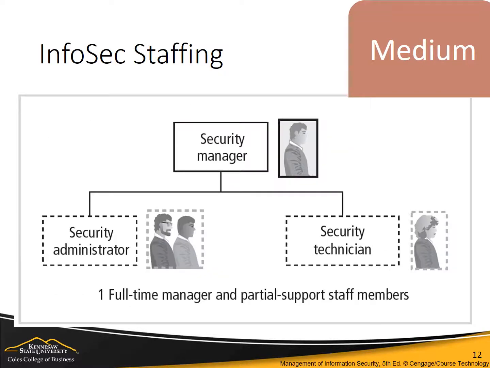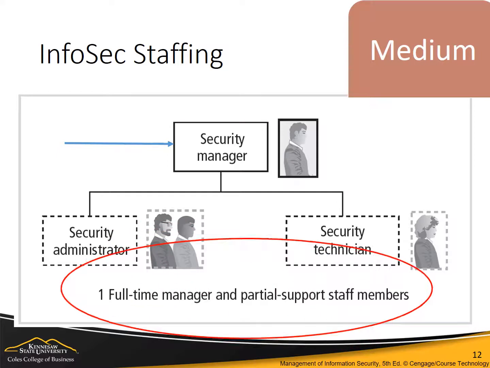In the graphic, the medium-sized organization only has 1 full-time security person with perhaps 3 individuals with part-time infosec responsibilities. Instead of a CISO, there's a security manager with security administrators and security technicians reporting to her or him.